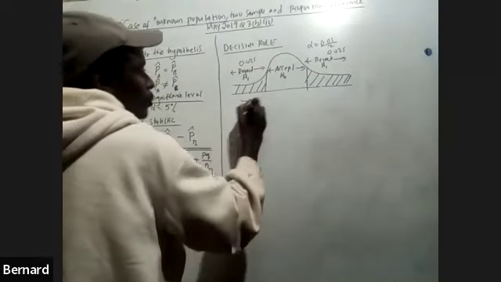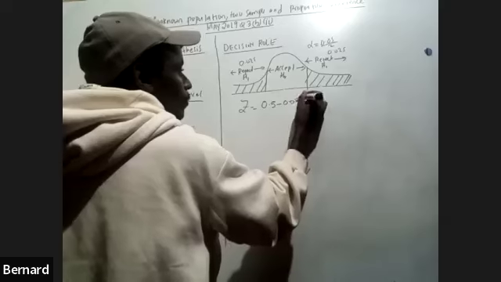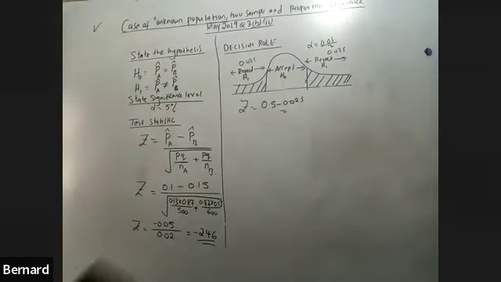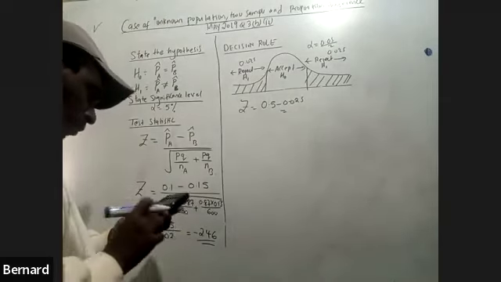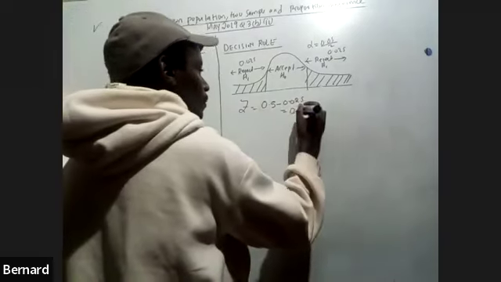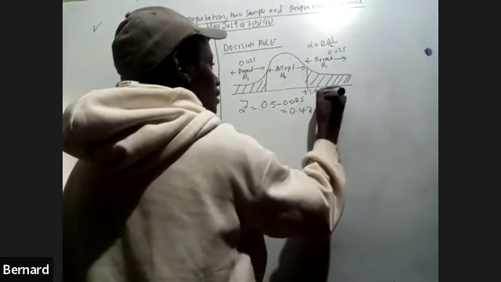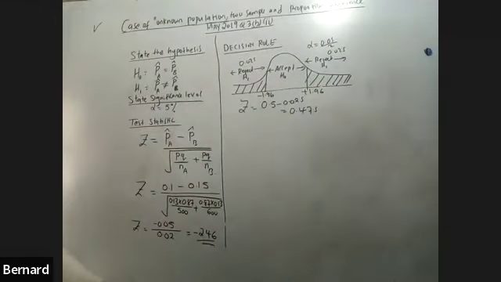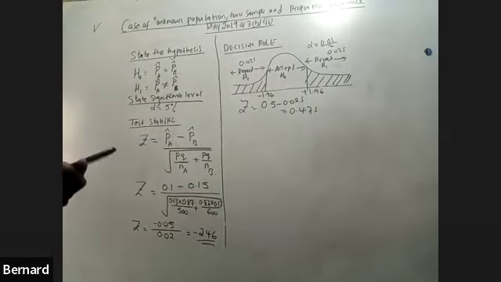So in our table, we are supposed to look at 0.5 minus 0.025. So we go to the table from inside. So 0.475, then according to the table, 1.96.